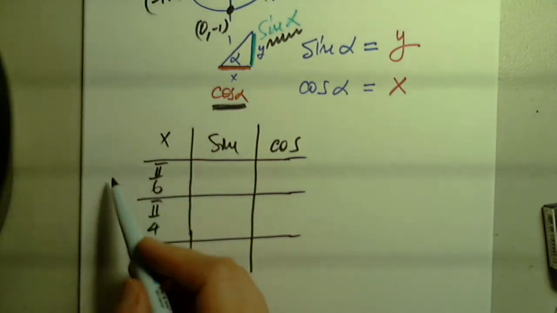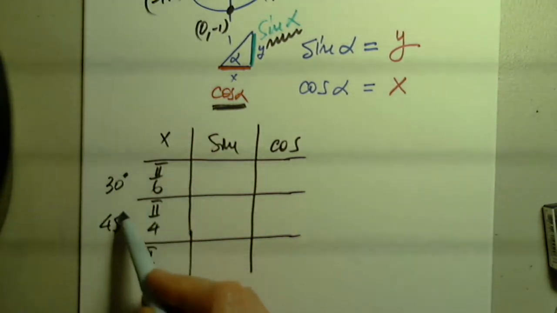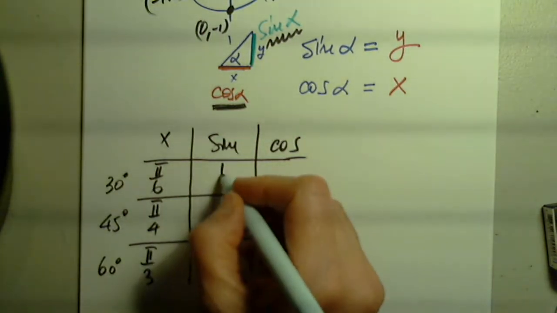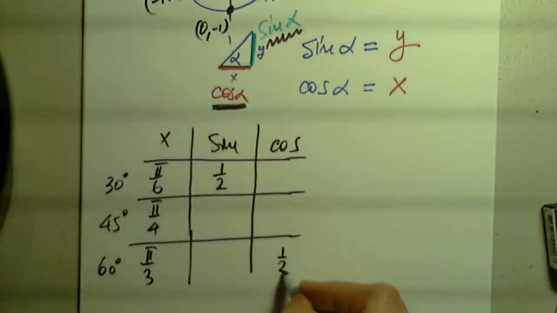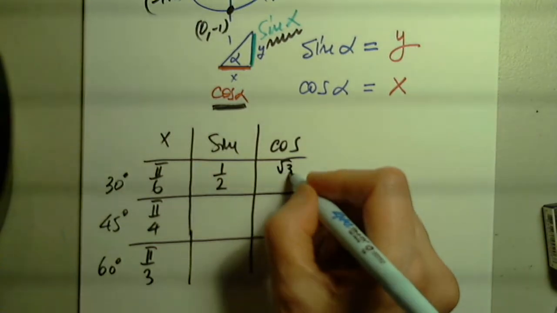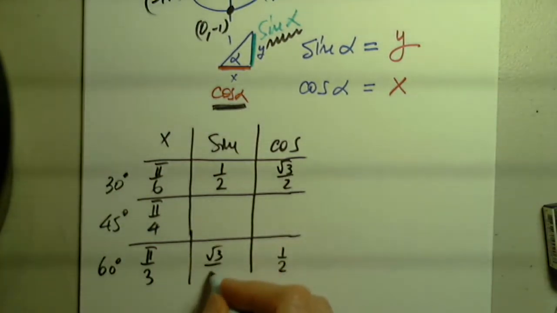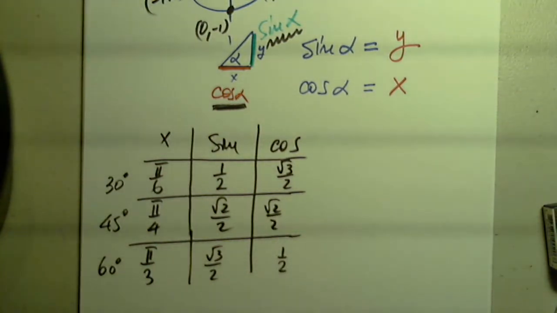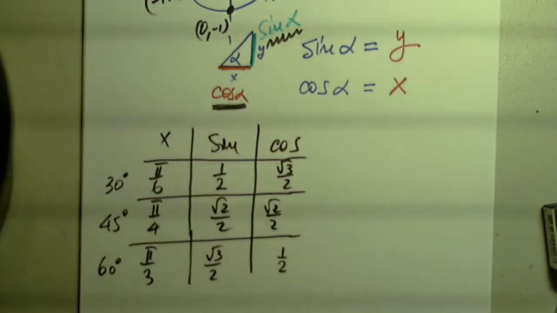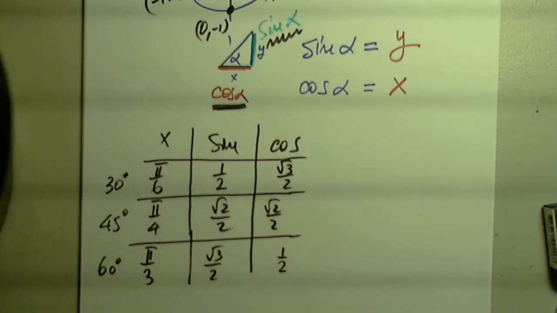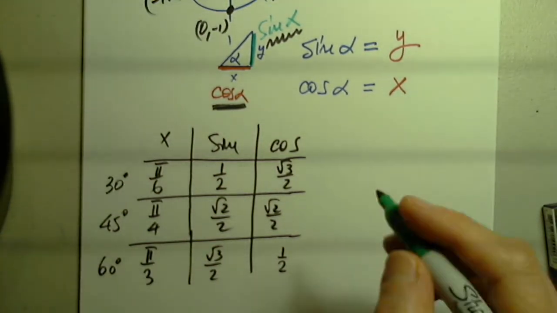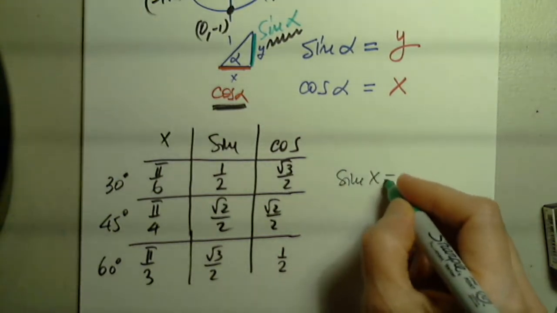These are 30 degrees, 45 degrees, and 60 degrees. All you have to remember is that this is 1/2. It jumps here. This is the square root of 3 over 2, and it jumps here. And these are the only same values. And now finally we can solve those two equations. One of them was sine x equals 0.